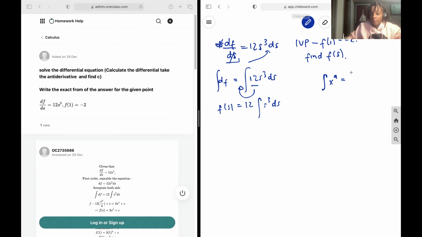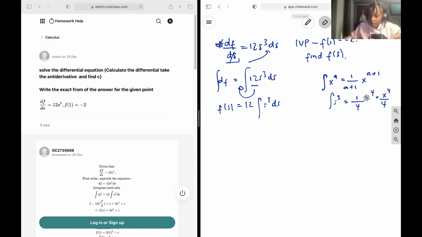Let's just rewrite that. Which means that the integral of s cubed is going to be 1 over a plus 1, where a is equal to 3, so 3 plus 1 is going to be 4, so x to the power 4 over 4. If you take the derivative, the 4's will cancel, leaving x cubed.